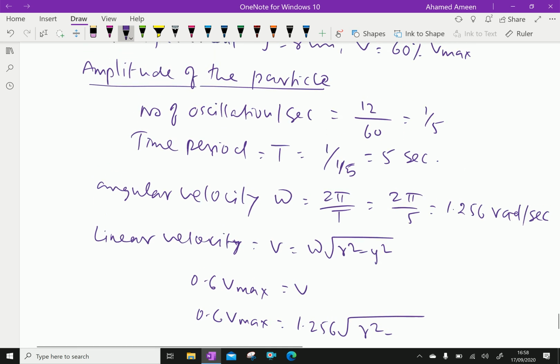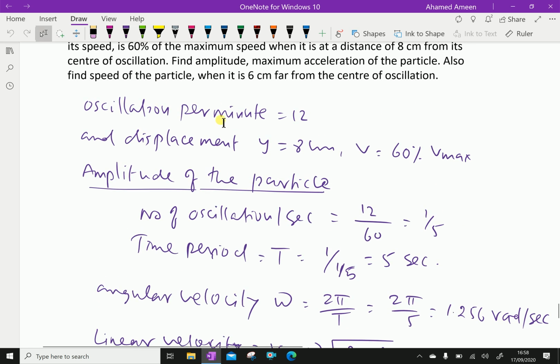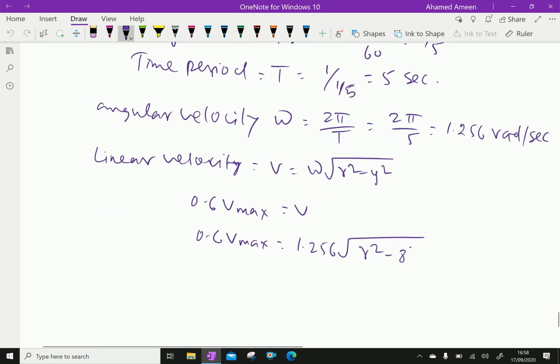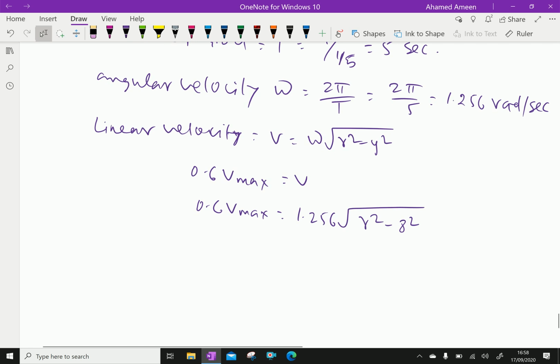Here displacement y is 8, that is 8 squared. Here 0.6 v max equals 0.6 omega r, which equals 1.256 into square root of r squared minus 64.